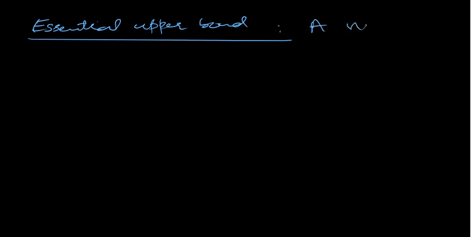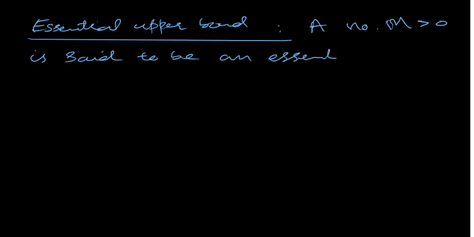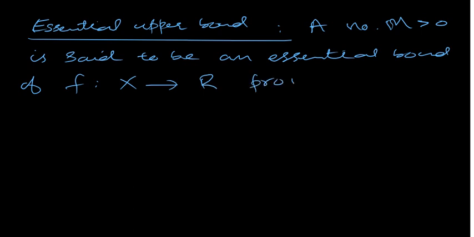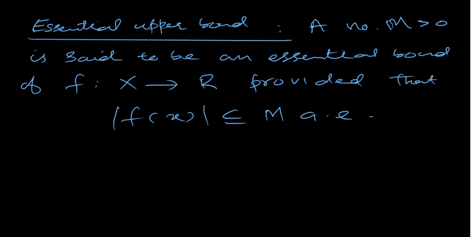A number m, which is a positive number, is said to be an essential bound of f from X to R provided that mod of f of x is less or equal to m almost everywhere. That's the definition of essential upper bound.